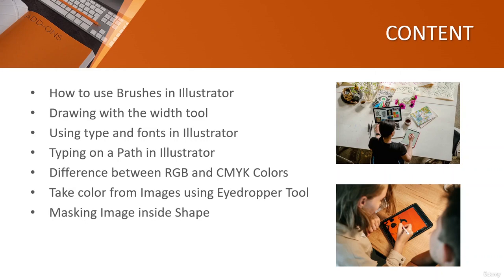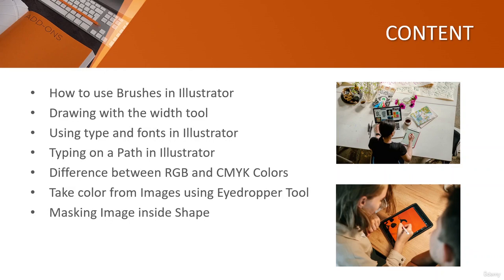And also I'll tell you how you can type and download different fonts from Adobe Fonts, and the difference between RGB and CMYK colors. So basically the full form of RGB is red, green and blue, and CMYK is cyan, magenta, yellow and black. Okay, so we'll be learning about that in detail as well.